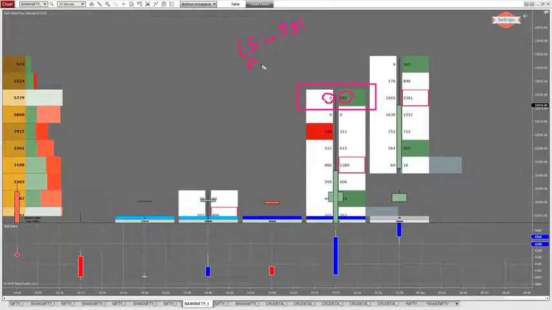How many market buy orders were placed at this price? 531. How many market sell orders were placed at this point? 0. Great. And how many limit buy orders? Again 0. So I think now you have understood. You got this right.